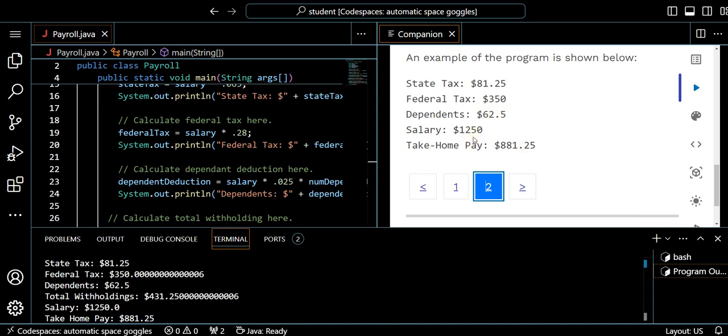Total withholding, they didn't even have the total withholdings in there. And take-home pay is 88.25. So we added total withholdings.